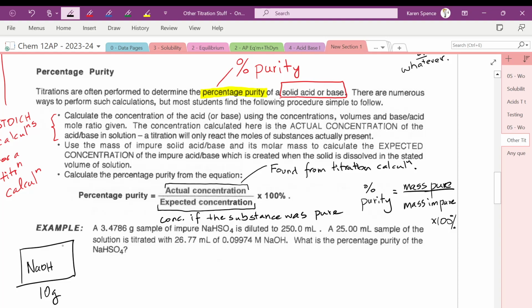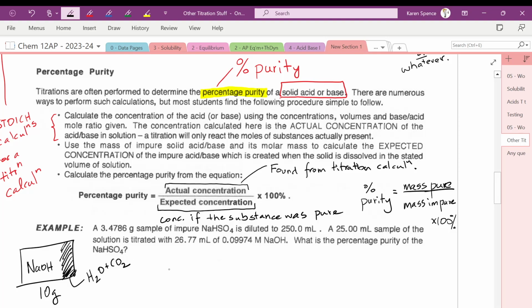Here, this part of it, we said it absorbs water and carbon dioxide. So the impure is 10 grams and the NaOH is however much will react with the thing it's being titrated with. Okay, so the pure will be smaller and the impure will be bigger because it contains both the pure plus the impurities. Yeah?